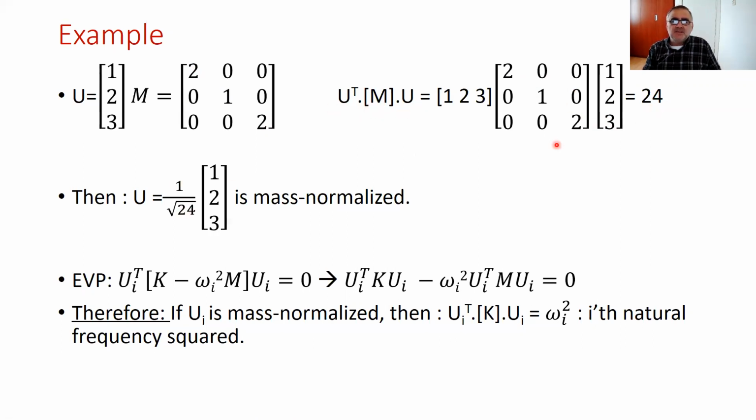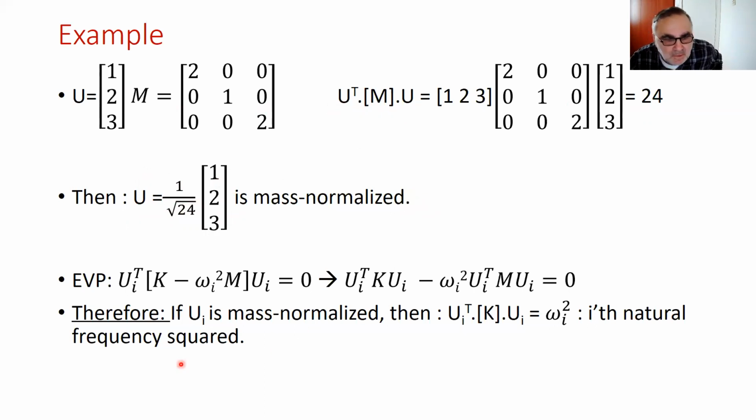And if you divide your original vector by root 24, then your mode shape is going to be mass normalized. Because now if you take U transpose M U from this thing, you are going to get a 1.